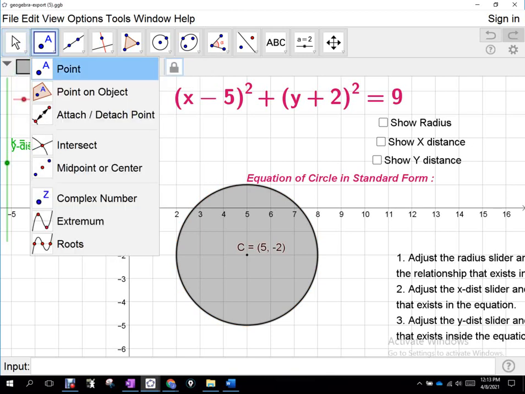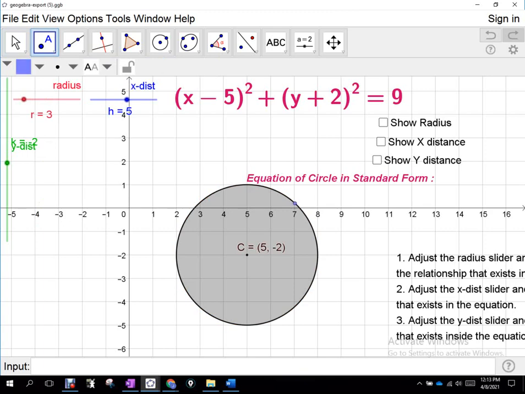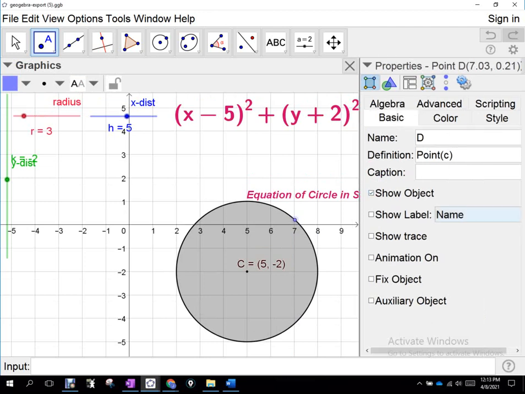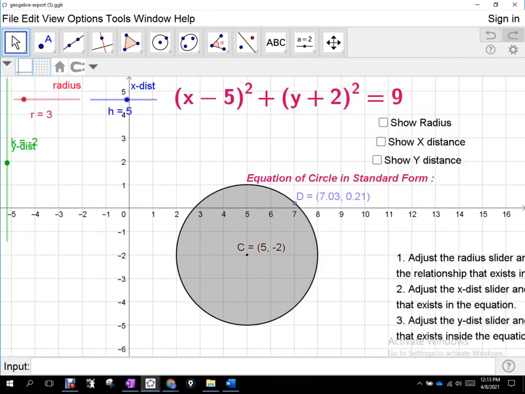Let's say I take the point D, which is 7.03 and 0.21. If I put 7.03 for that X, and I put 0.21 for that Y, and I subtract 5 and square that, add 2 and square that, and then sum those together, I will always get 9.